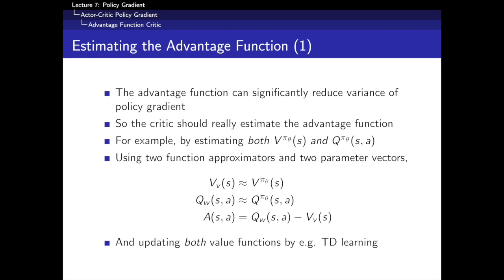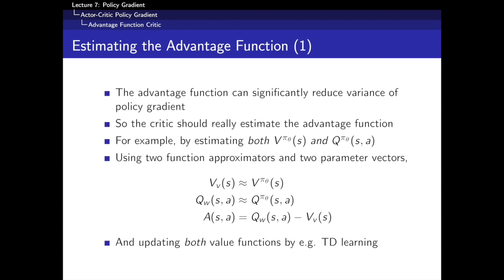So again, we're just rewriting the same policy gradient theorem. So how do we estimate this advantage function now? How do we do this in our critic? Well, there's a lot of different ways to do this actually, and I'm just going to suggest a couple of them. One way to do this would be to learn both Q and V. So our critic would basically learn Q. It could also learn V using yet another set of parameters.